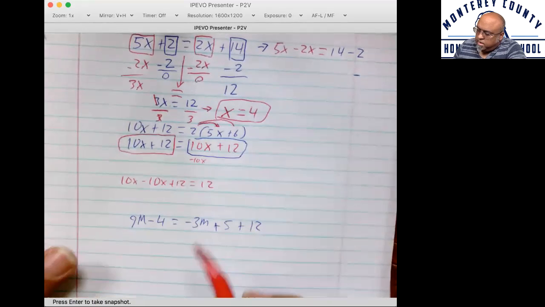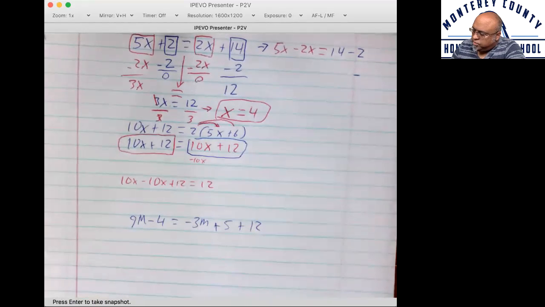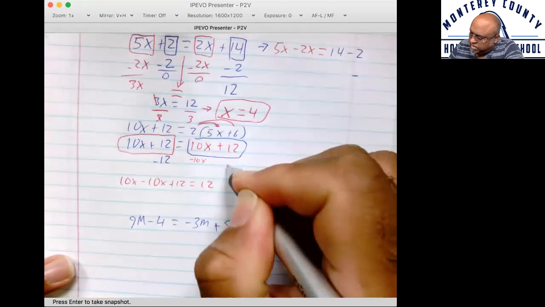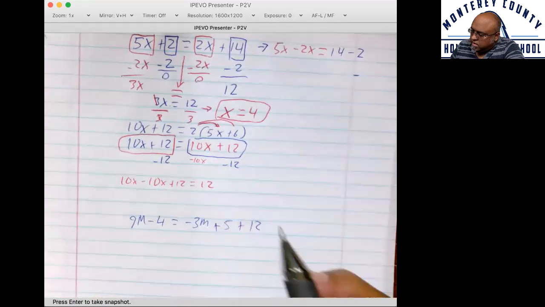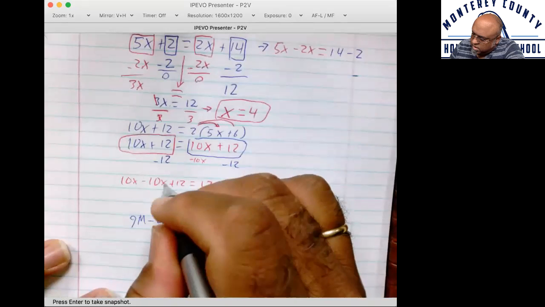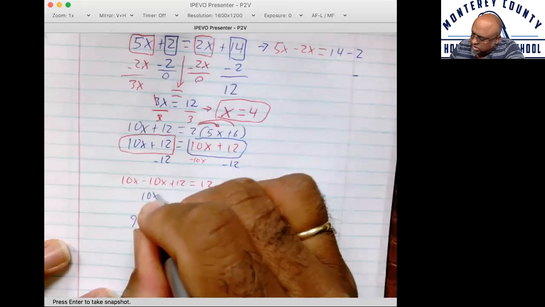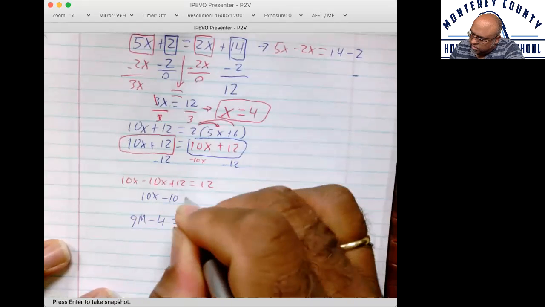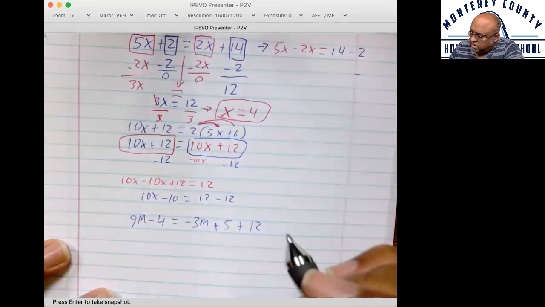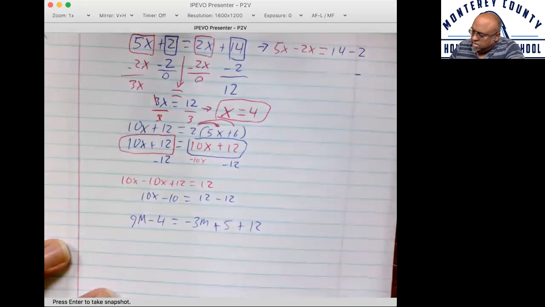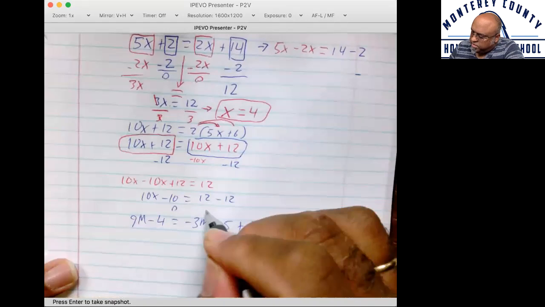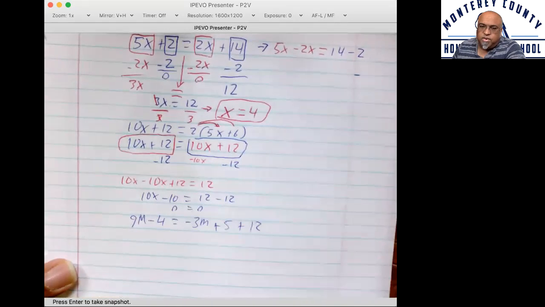And if I subtract 12 from both sides, then I would get 10x minus 10x is equal to 12 minus 12. Well, let's see. 10x minus 10x is 0, and 12 minus 12 is 0. So I have 0 equals 0.